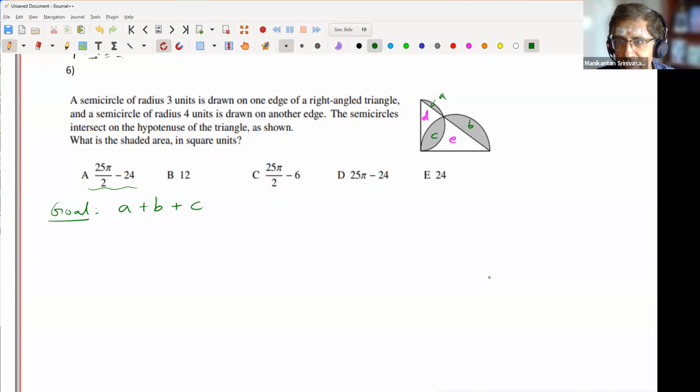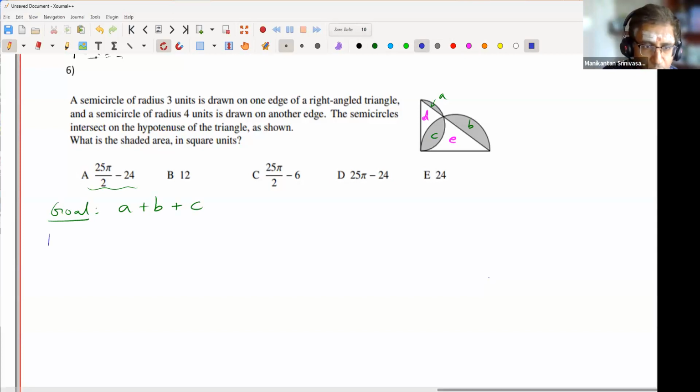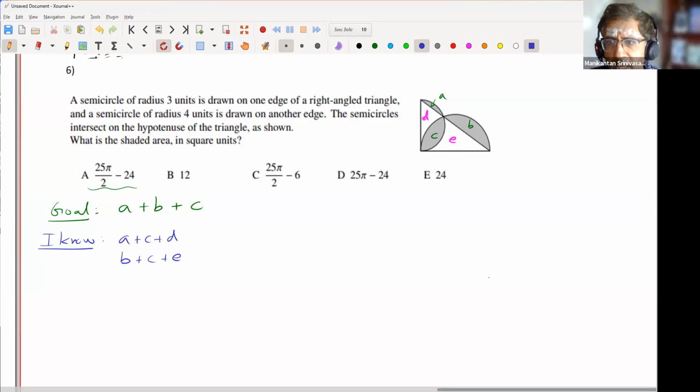Now, the next step, I'll write down what all I know. So obviously I know A plus C plus D, because that's one semicircle. I also know the other semicircle, which is B plus C plus E. Okay, and then angle in a semicircle is 90 degrees, right?